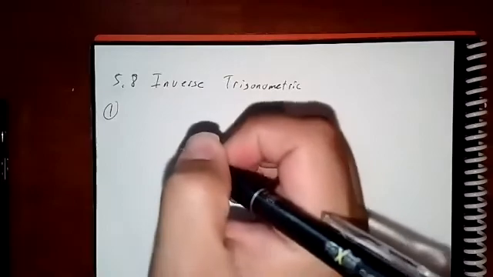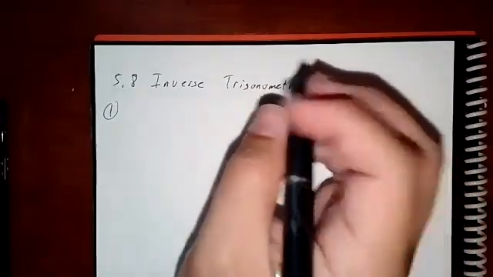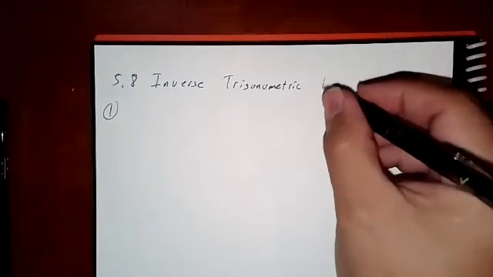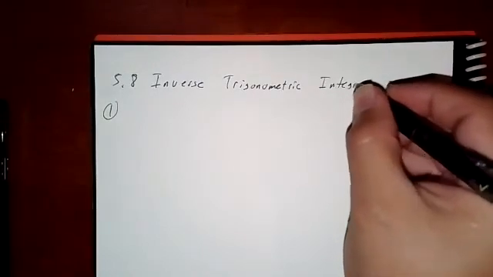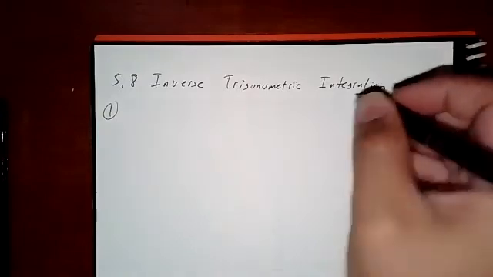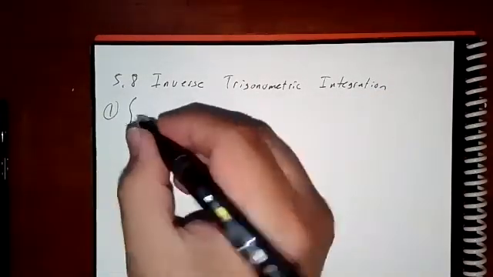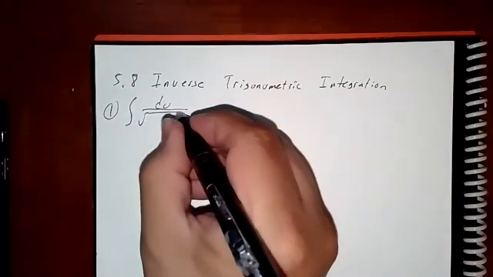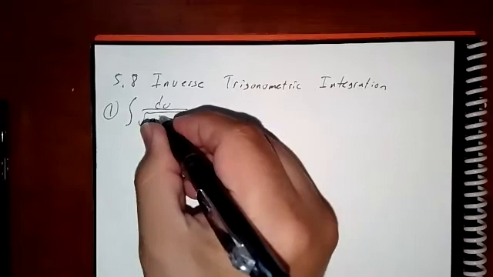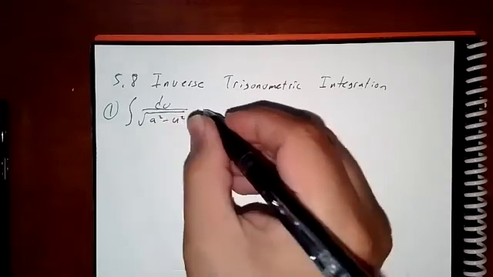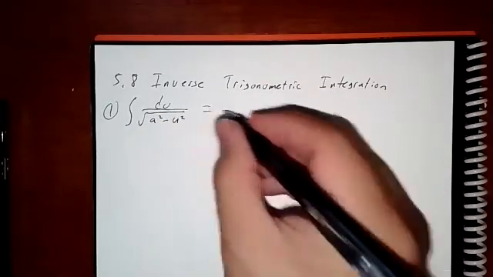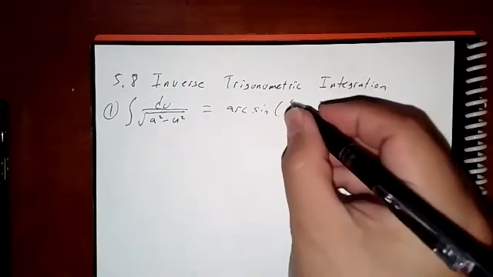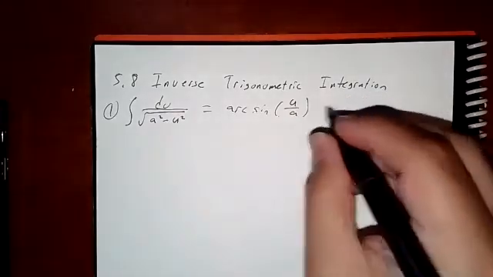All right, so here are the formulas for inverse trig. The integral of du over the square root of a squared minus u squared is equal to arc sine of u over a plus c.